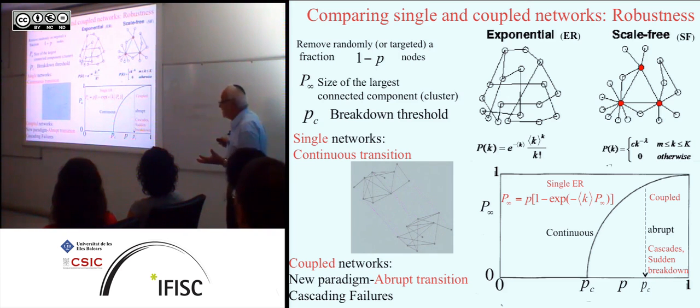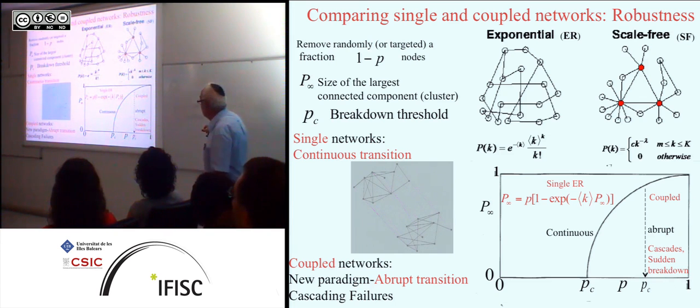And this is very important because abrupt transition is very risky. If I am in a single network, I know some more damage to the system will lead to small damage to the network. You see, I come from here to here, the network is a little smaller.